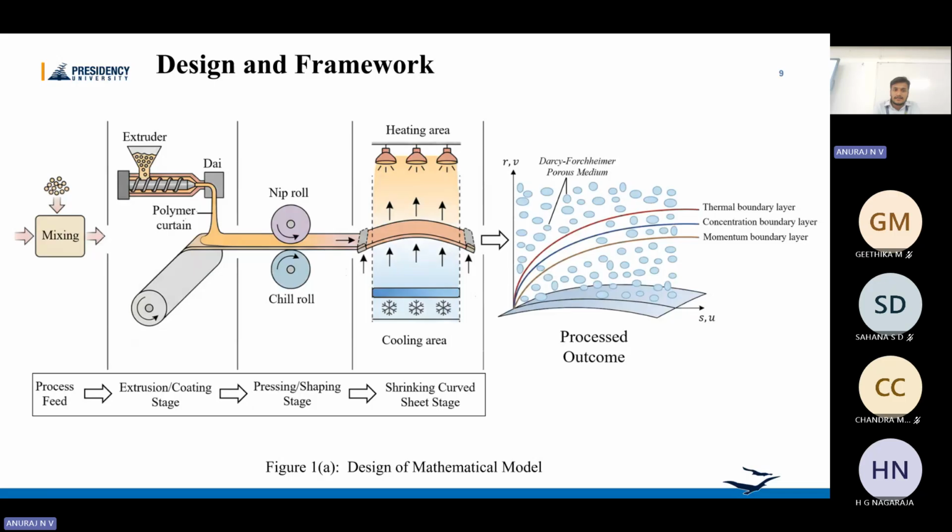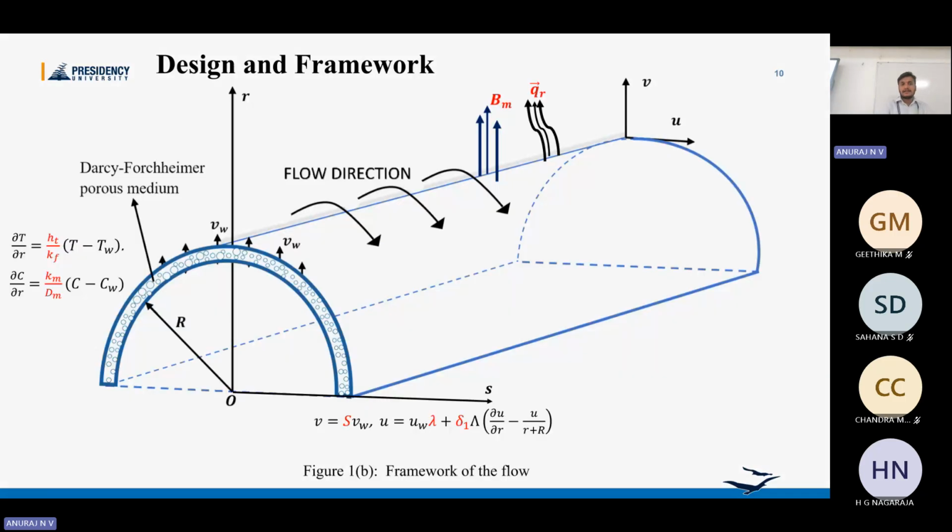This is the curved shrinking surface. This is the application where we can see the curved surface. I framed this design into a schematic representation with the curved surface, considering the capital R radius of curvature.